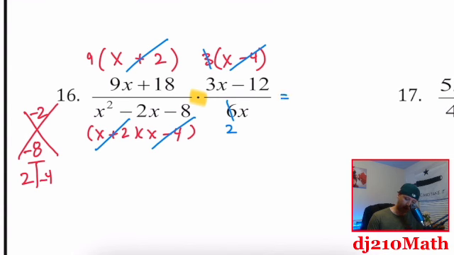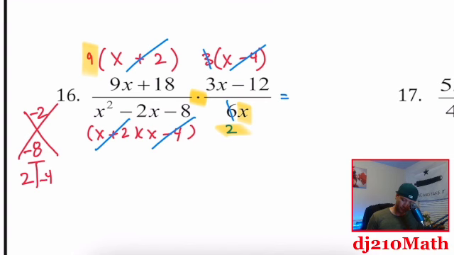So final answer, what's left in the top? I'll highlight it. Let's do yellow. So we have a 9. That's all that's in the top. And then in the denominator, all that's left is a 2 and an x. The x never got canceled.